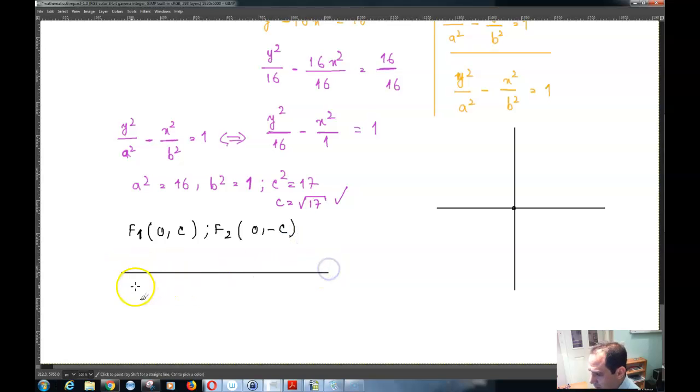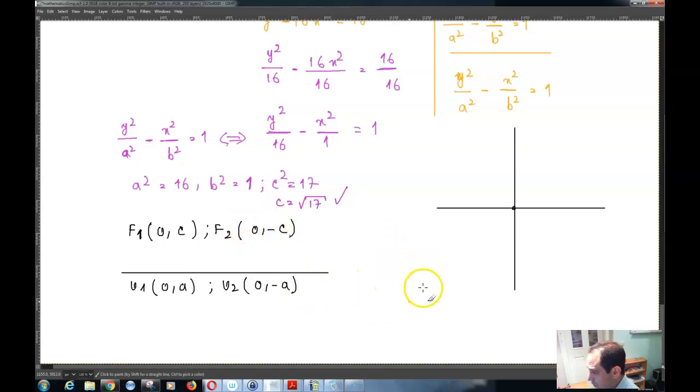Your vertices V1 would be, again along the same line, 0, A, and your V2 would be the same thing, 0, negative A. But of course there is no problem with the eccentricity.